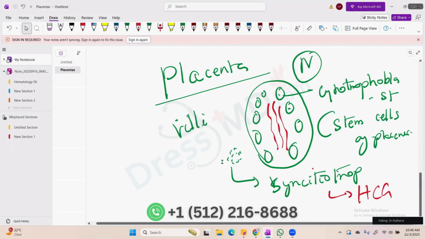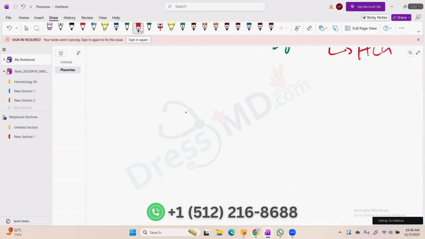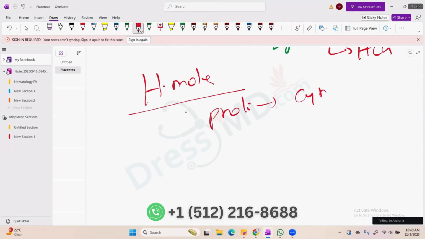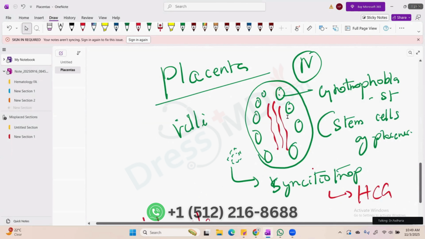However, what is hydatidiform mole? Hydatidiform mole is a pathologic condition where there is a proliferation of cytotrophoblast and syncytiotrophoblast. And this villi in hydatidiform mole will be avascular.